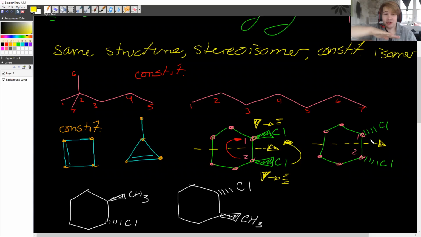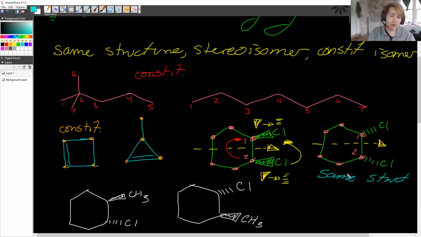So if all we're doing is flipping, rotating, manipulating it in our mind, and we're able to get the other structure, then this is what we call the same structure. So these two molecules here are the same. And once again, make sure this makes sense for yourself: we're saying something is the same because we're not changing the nature of the molecule.